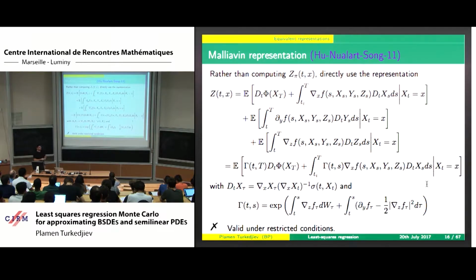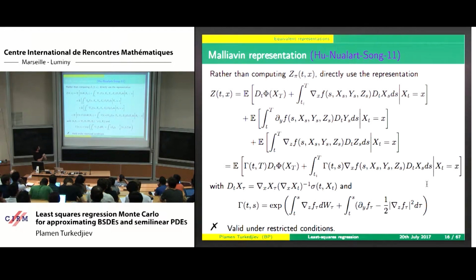We had a conditional expectation involving integrals. Well, actually, we don't have to approximate z. We can use a representation in terms of Malliavin derivatives, which is very well known in the BSDE literature.